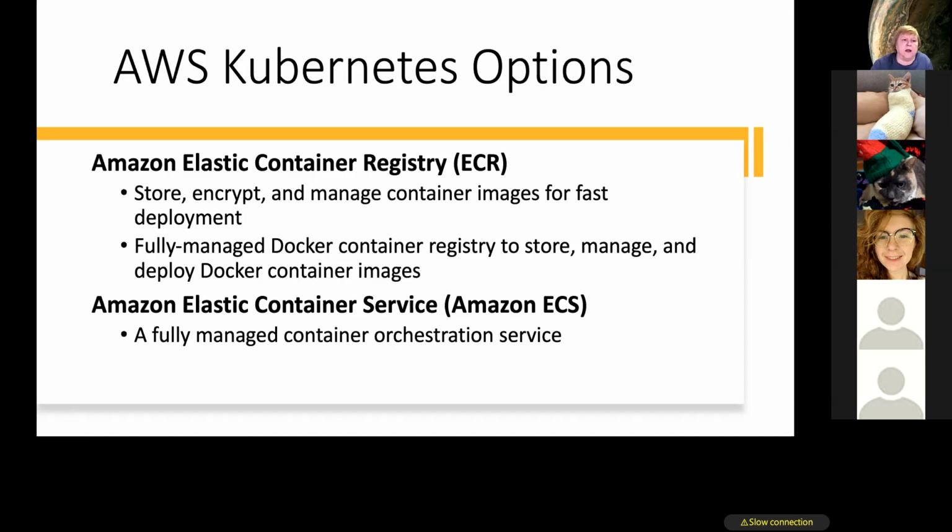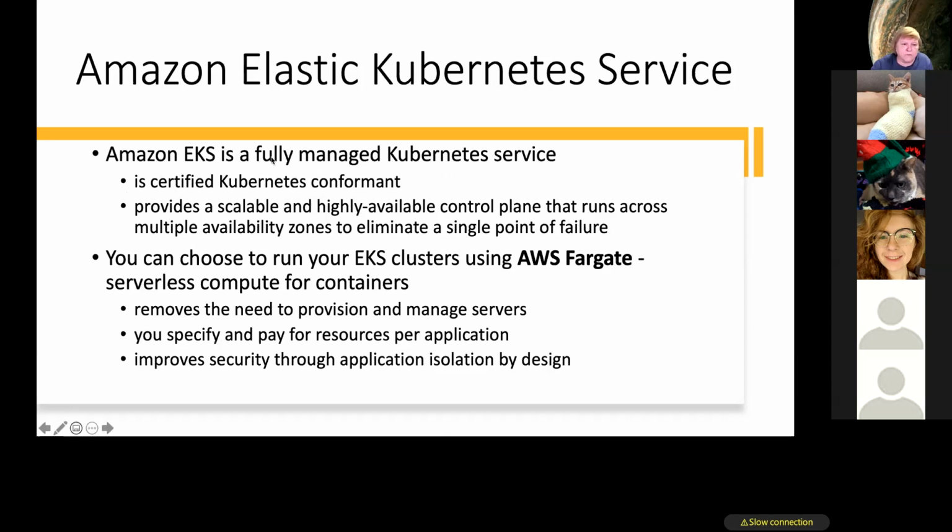So with EKS, it's fully managed. One thing is it's compliant or conformant to Kubernetes, so it's certified. The nice thing about this, and why this is an advantage over doing it yourself, like just running it on EC2, is that the control plane can run across multiple availability zones, so the master can be across multiple availability zones.